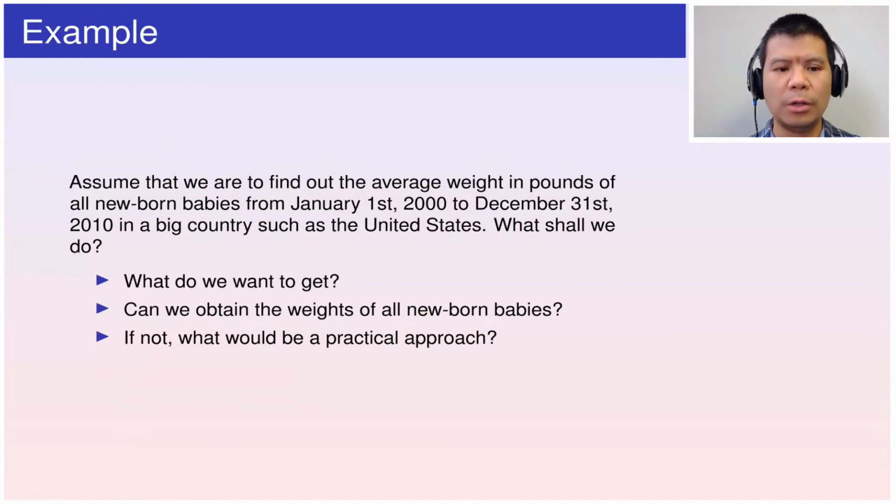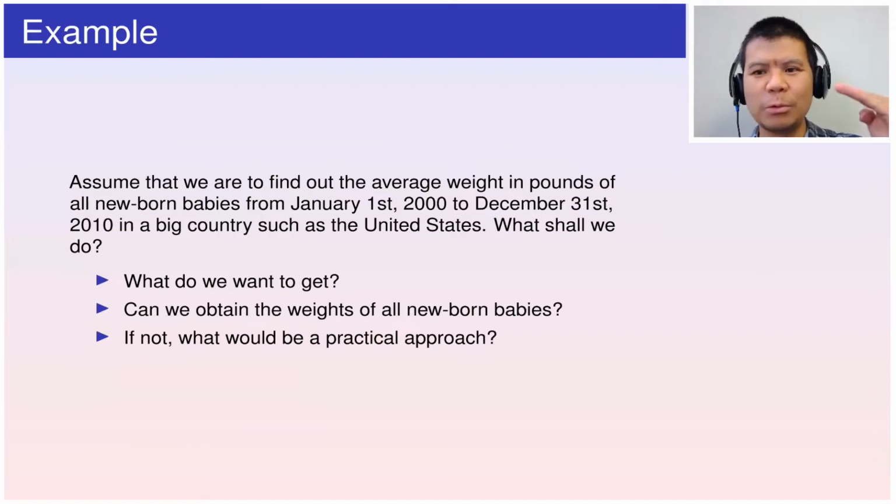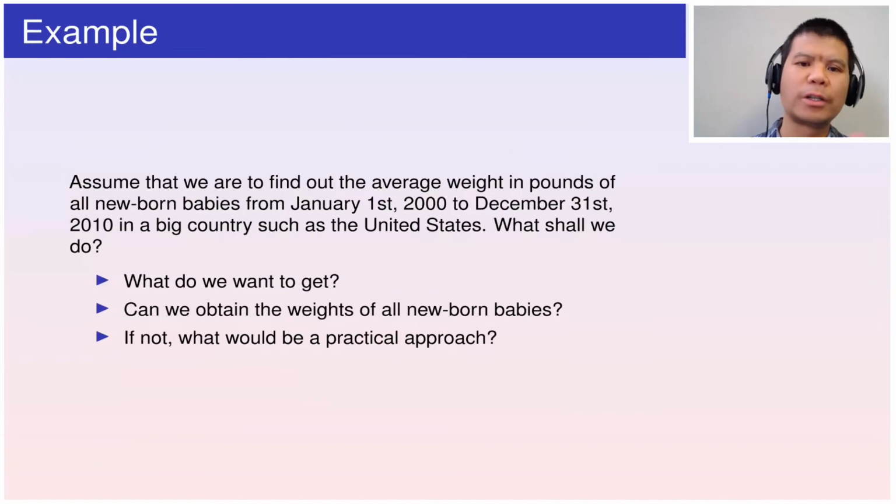So what shall we do? We want to find out the average weight of all the newborn babies during this time period in a big country like the States. So here we know what we want to get: the average weight.